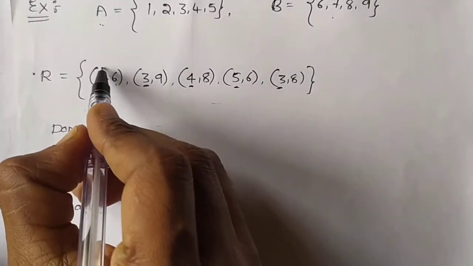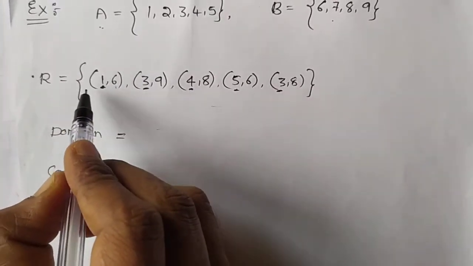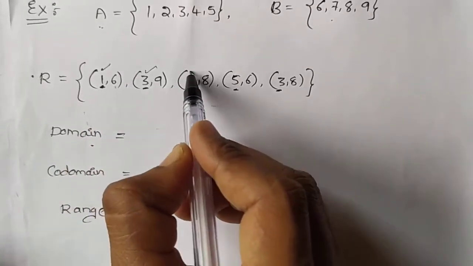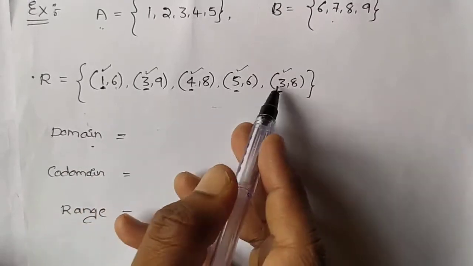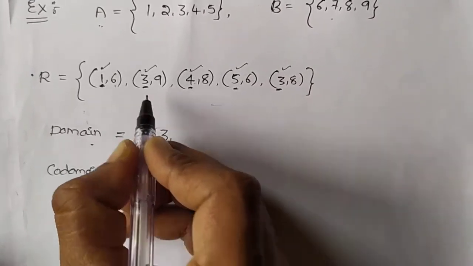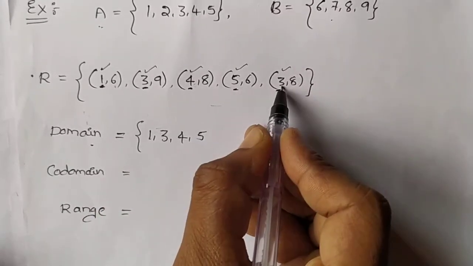The set of all the first elements of the ordered pairs in a relation R. First elements are what? 1, 3, 4, 5, 3. I mean, domain is what? 1, 3, 4, 5. Next 3 we have.